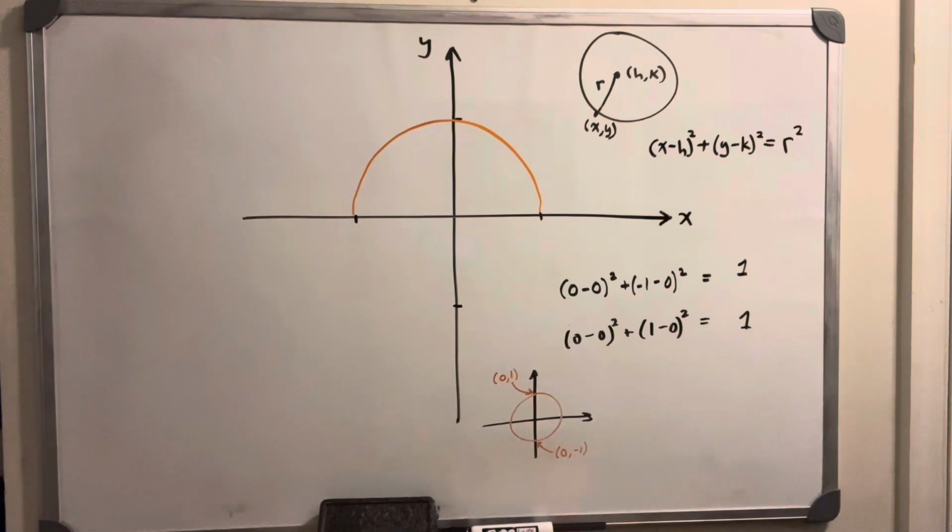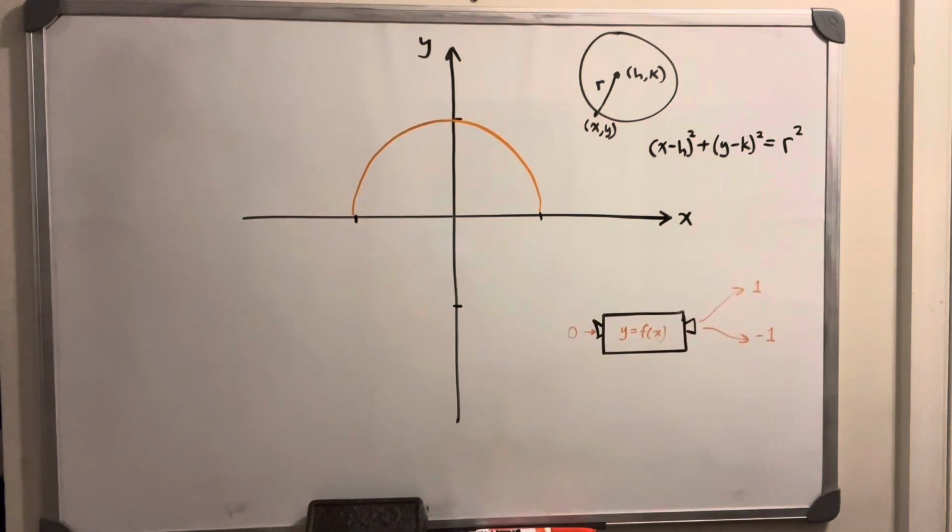So with an equation, it's possible for a single x value to have two different y values that satisfy the equation. But remember, a function is not a balance, it's a machine. And with a mathematical type of machine, when you plug in one value, you're supposed to get one value out. If you put in a 0, and you have a function that can get you out a 1 and a -1 at the same time, then it's just not according to our definition of a function.